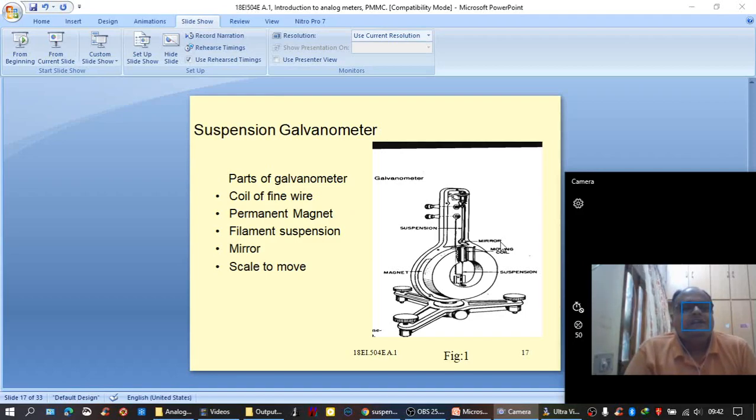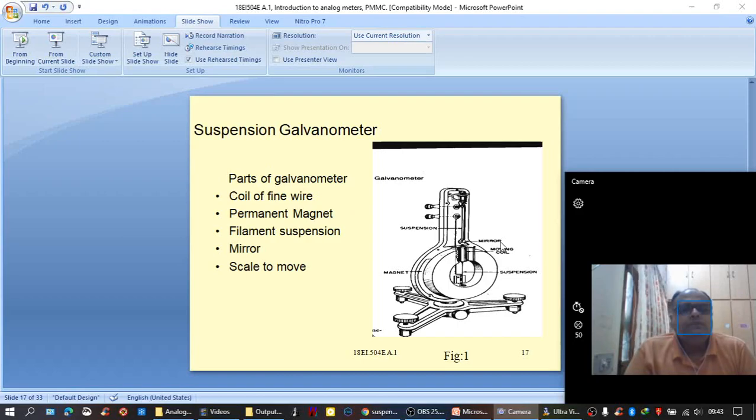But generally what happens is when you are noting down the reading of the meter, if you observe the pointer deflection exactly from the top, then you can see some reading. That means the pointer lying on a particular portion on the calibrated scale.